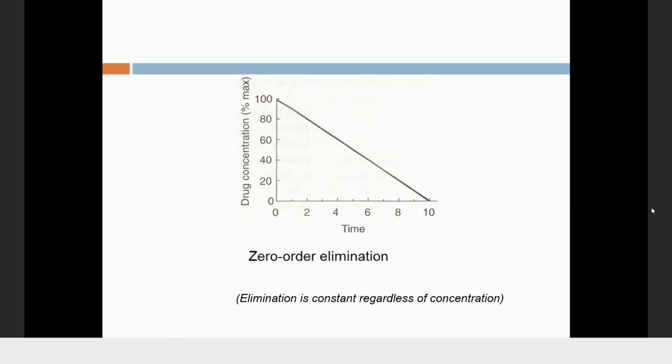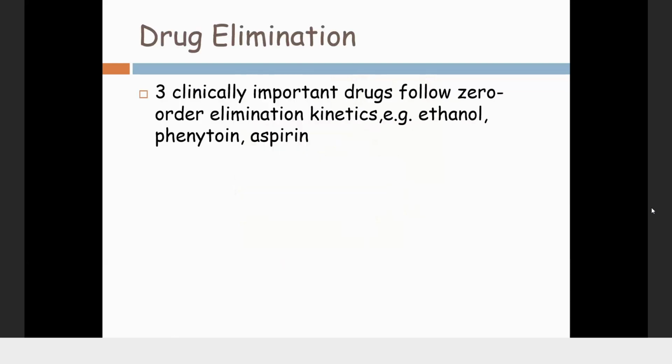Okay, doctor. So three clinically important drugs that follow zero order elimination kinetics are ethanol, phenytoin, and aspirin. Phenytoin is used for epilepsy. Do you know epilepsy?